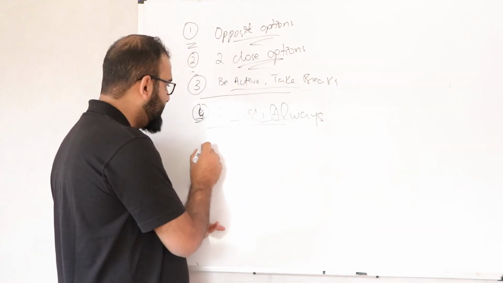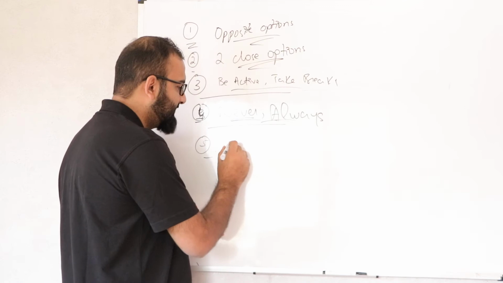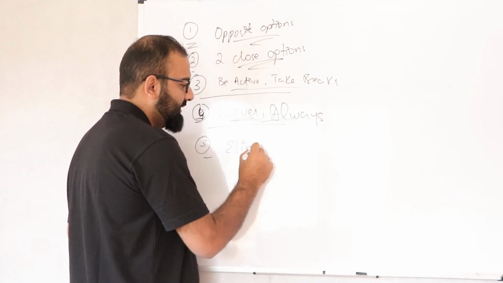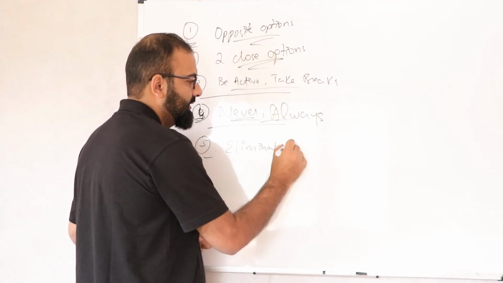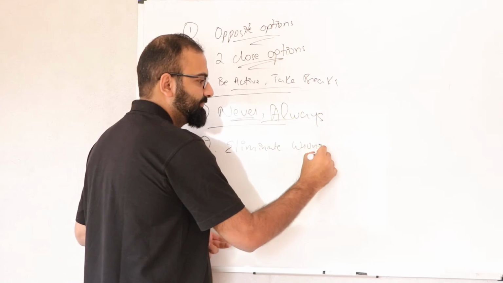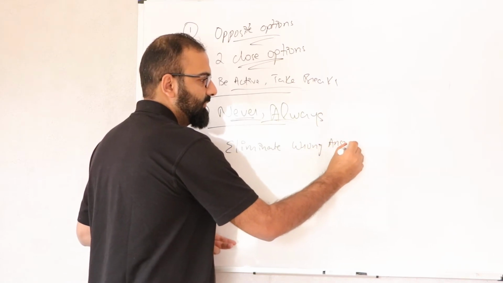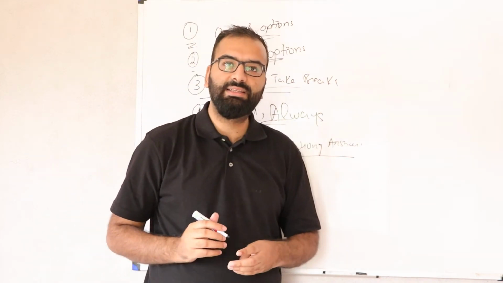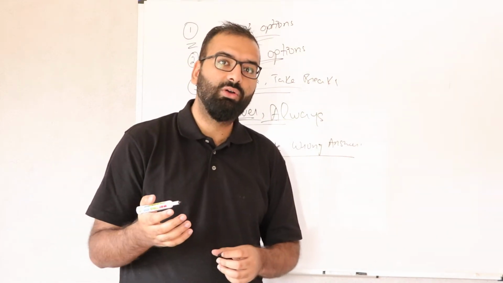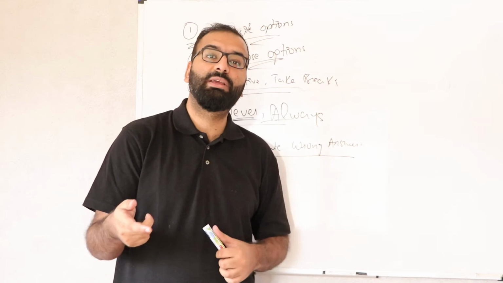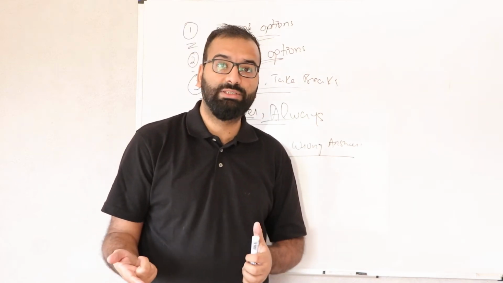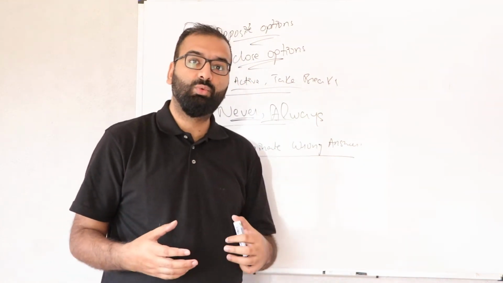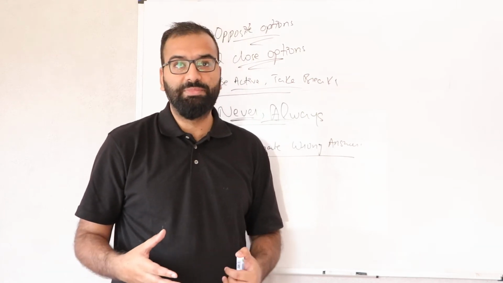The number 5 tip is to always eliminate the wrong answers. So what that does is that whenever you are eliminating the wrong answers, you are increasing your probability of being right in that particular question. So for example, there's a question, it has 5 options.